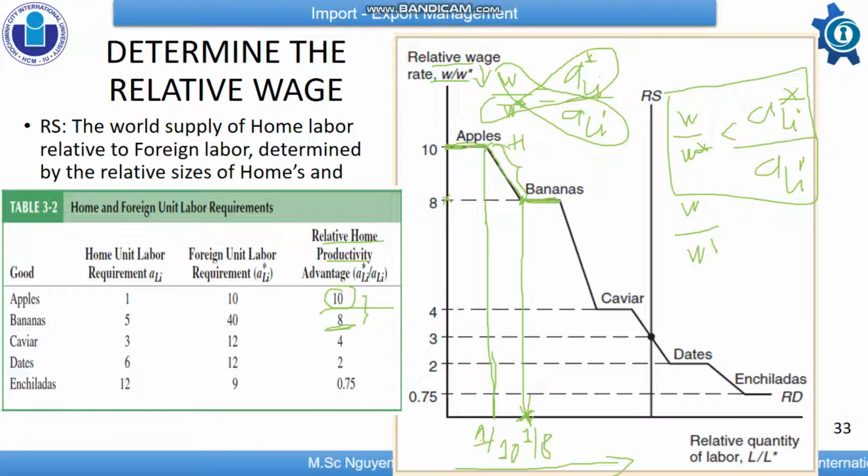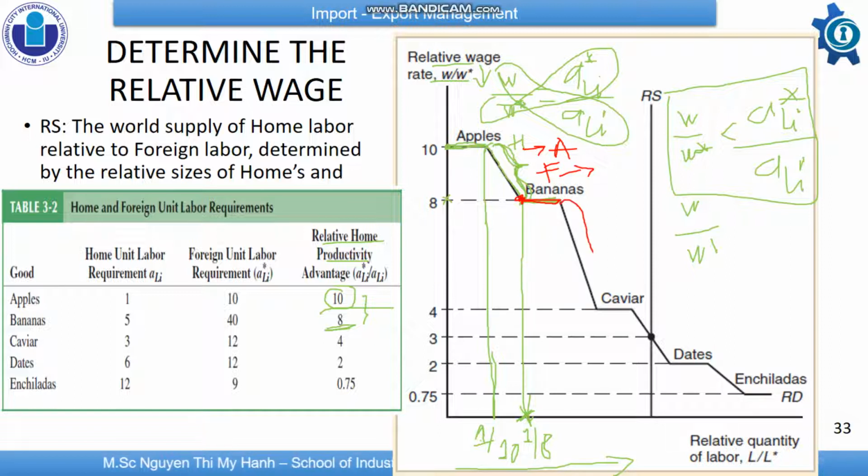So in this area, I changed the color, home will produce apple and foreign will produce banana, caviar, dates, and enchiladas. And when the relative wage rate is equal to 8, home will start producing bananas. And in this area, both home and foreign country produce banana.